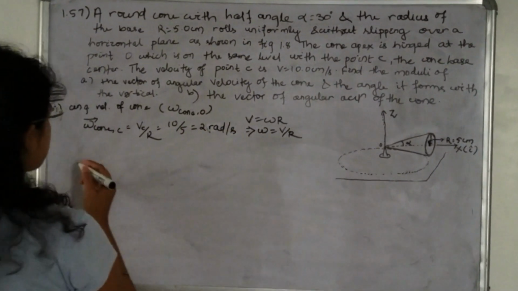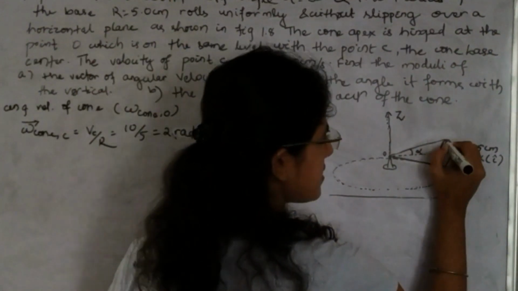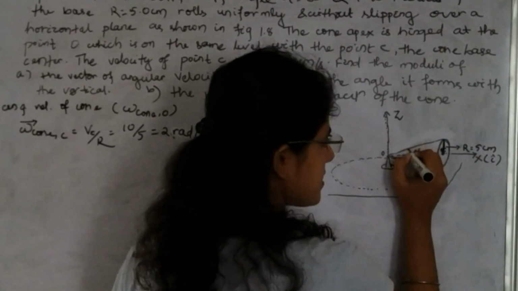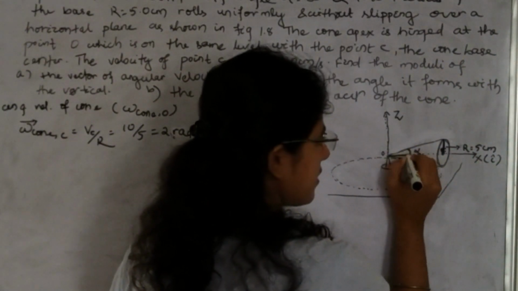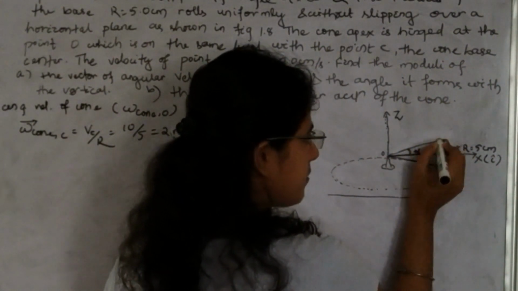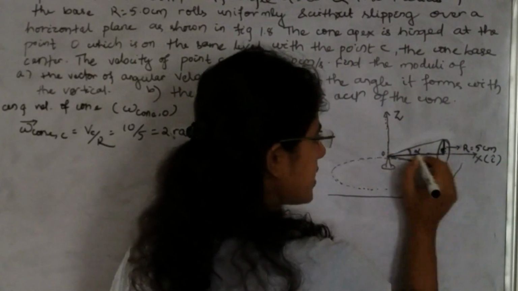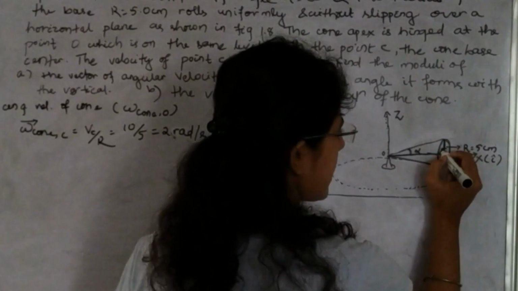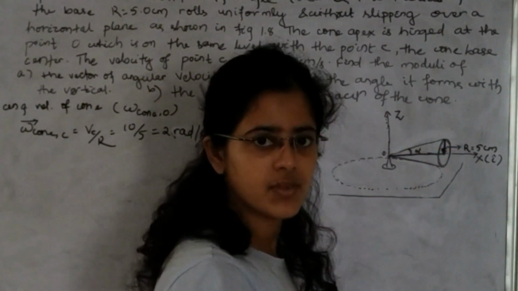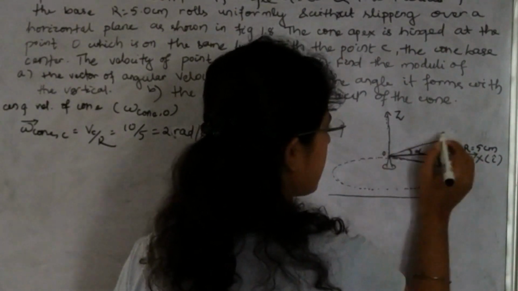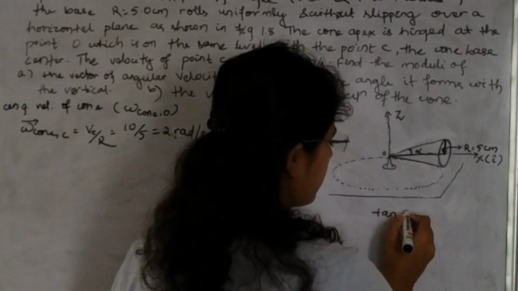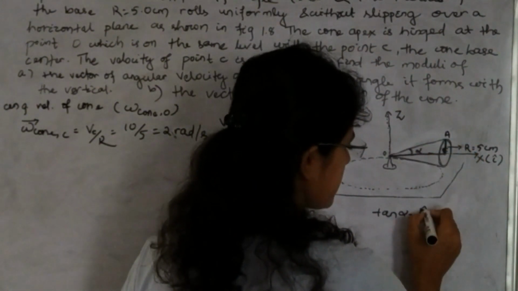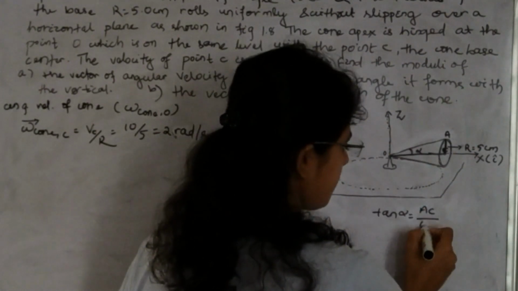Okay? Similarly, if this is r, and this angle is alpha, then you can derive from this triangle the distance OC. How? This is a right angle triangle. For this triangle, tan alpha value is how much? Let us consider AC divided by OC.